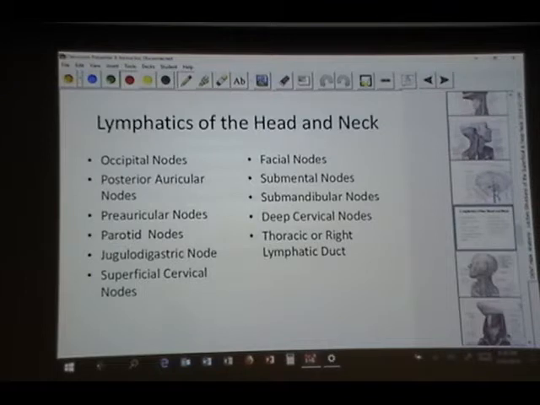What's important to you is that you can recognize, as you are palpating underneath the mandible, in the neck, if the lymph node is enlarged, and once again, as we were talking before, whether it is hard and fixed, or whether it is enlarged, movable, and tender. Okay.